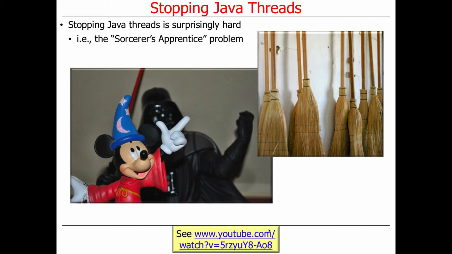The sorcerer has said, I want you to take water from the well and do something with it. And Mickey gets clever, so he decides he's going to make the broom do the work. But then the broom doesn't stop, so he chops the broom up into pieces. Now we've got hundreds of brooms all carrying the water, and he can't stop the brooms. They're going on, and he's drowning. Well, that's the sorcerer's apprentice problem with respect to threads. Threads are sometimes easy to create, but hard to shut down.